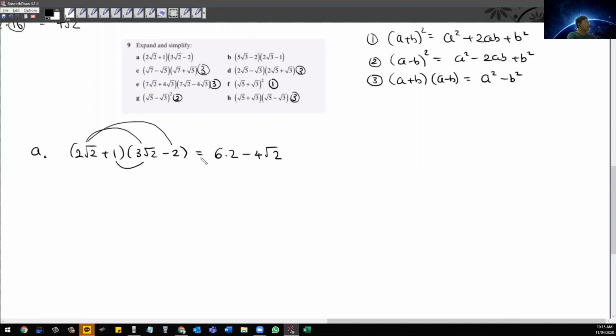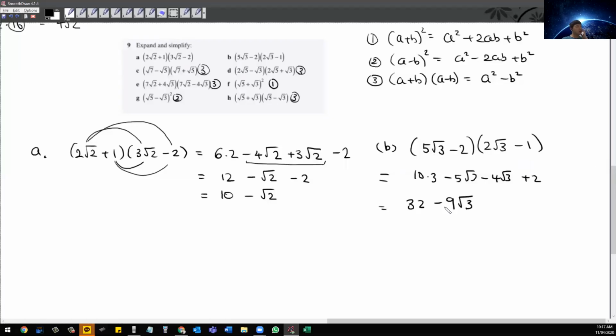And that one by that one, plus 3 root 2. That one by that one is minus 2, right? So that's 12. These two are like terms. That's negative root 2 minus 2. So this becomes 10 minus root 2, right? I want you guys to try B yourself. So that's the answer.